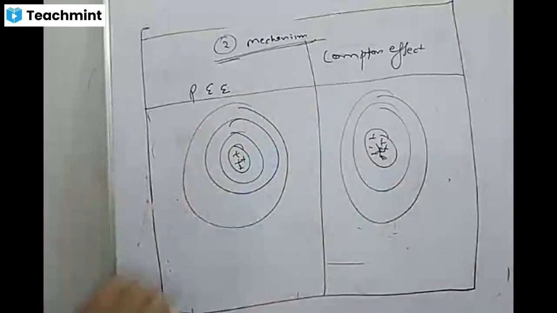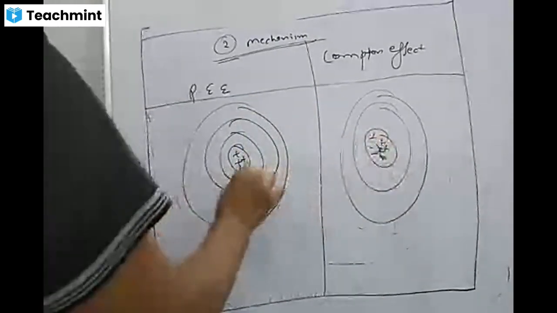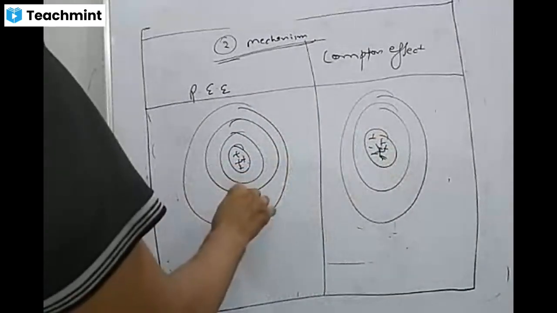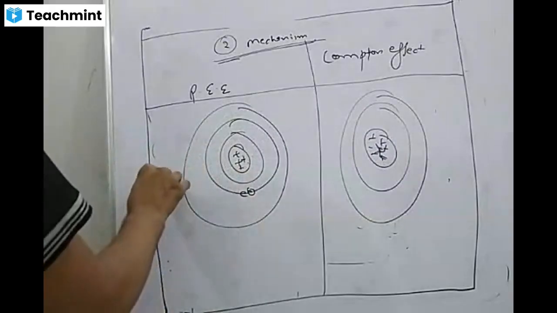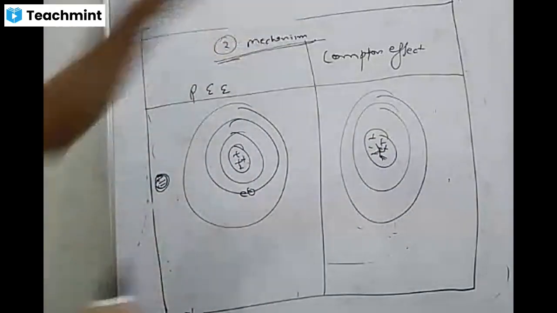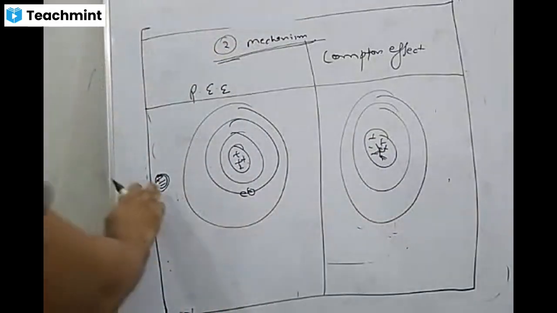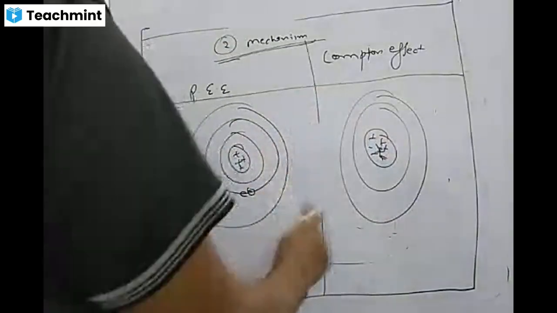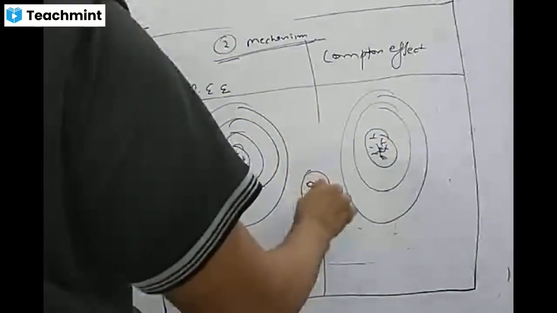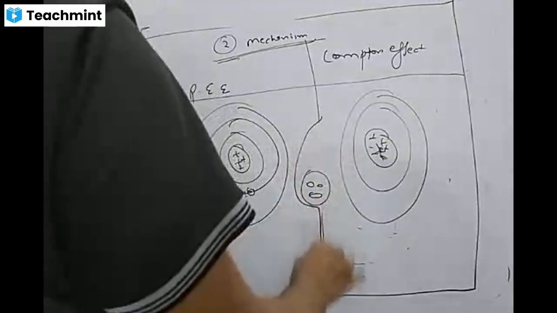This is the atom and this is the nucleus. In this case, we will discuss the X-ray photon. This is your X-ray photon coming out of the X-ray tube and it will interact with the animal body. Similarly, this is the X-ray photon.